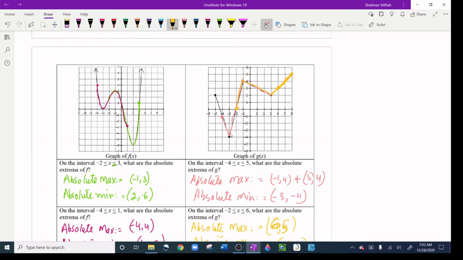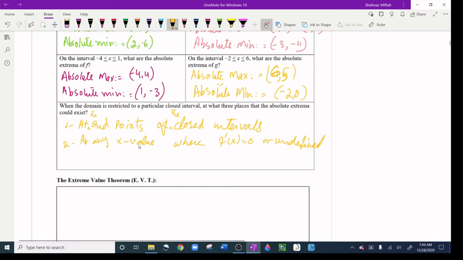But if the extrema exist, then they exist because it was negative 3, negative 4. That was the absolute minimum. Same goes here. And if f prime is 0, like if I draw a tangent line, because these are original graphs, so I can draw tangent lines and make it equal 0, which is this portion equals 0, this portion equals 0. Again, this one is also the absolute minimum for the green one.